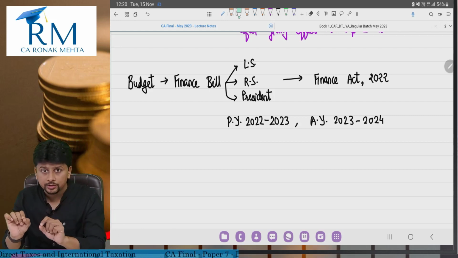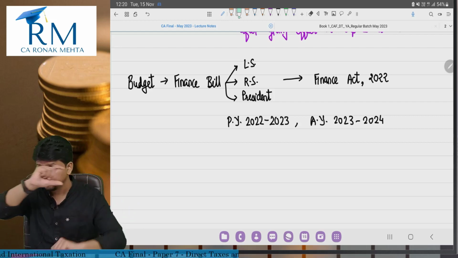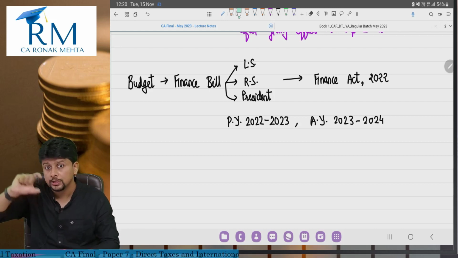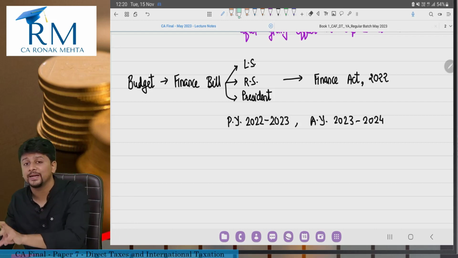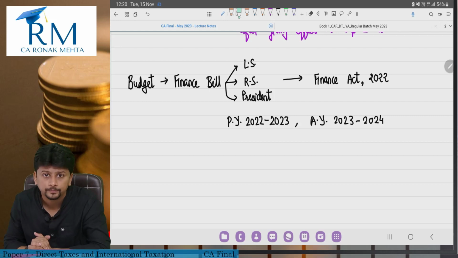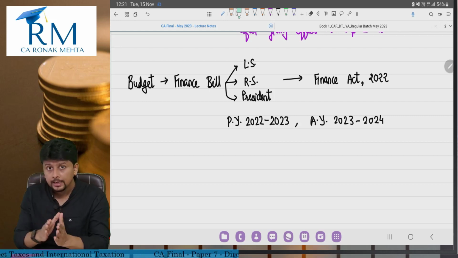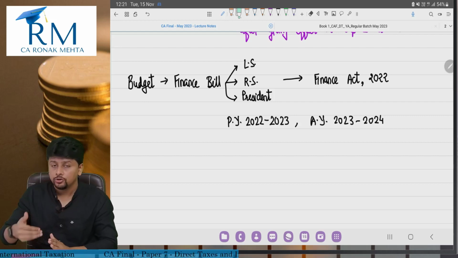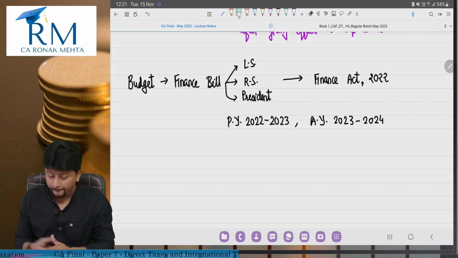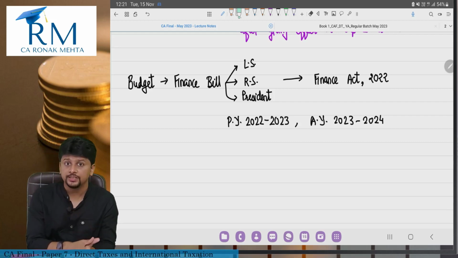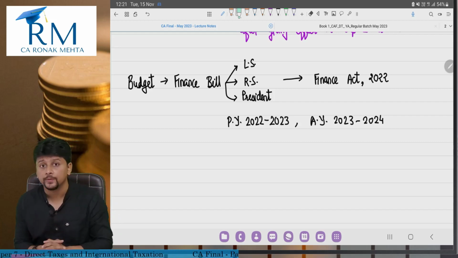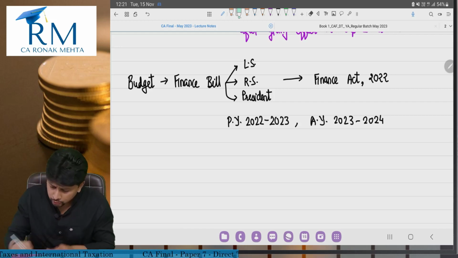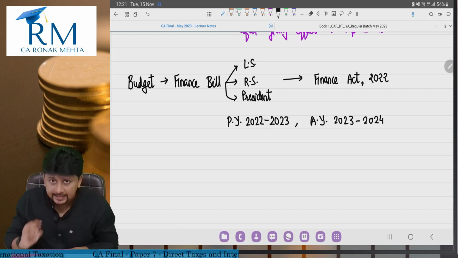So the question will say you are required to compute the total income for assessment year 23-24. When you write your solution, your heading will be: so and so assessee, computation of total income for assessment year 23-24. It is going to be the assessment year for which you will be doing the drafting. Now, previous year is 22-23, assessment year is 23-24.